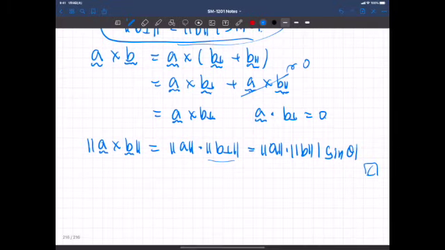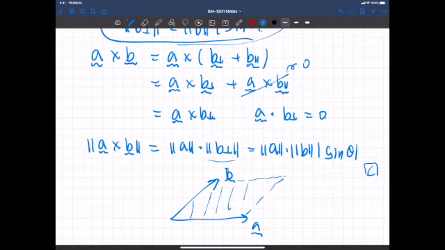So now you understand that the cross product between two vectors represents the area of the parallelogram made by the two vectors. So if we have A and B, then the area here corresponds to the length of their cross product.